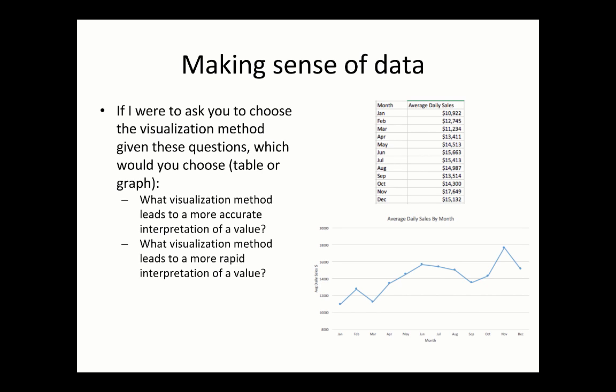Then you would have to find the value for the average daily sales. So you'd follow May and go up until you hit the line. Then you'd find where that point is on the line and follow the value all the way to the left to detect the discrete value. Now we can say it's about $14,200.